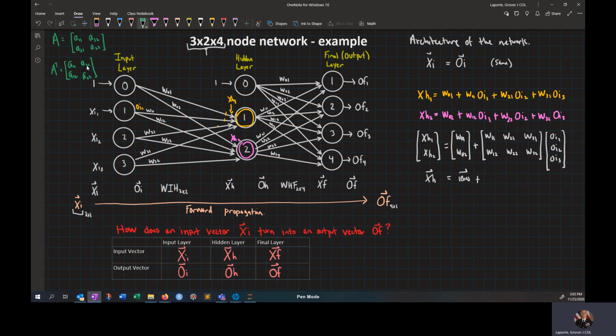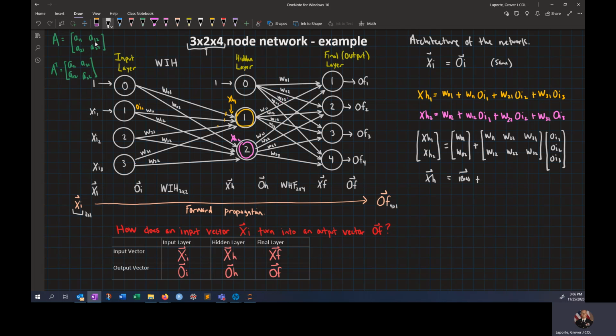So recognize what's happening here. Because of the way these are numbered, I just wanted to keep them the same as in linear algebra. In other words, if we want to call this matrix WIH, meaning the W's that go from the input to the hidden, I wanted to create it so that all of the naming conventions that we've talked about so far were correct, and by the way, it matches up with how we designate subscripts in linear algebra.